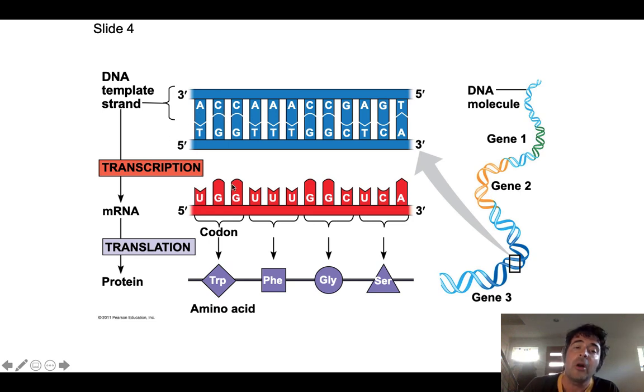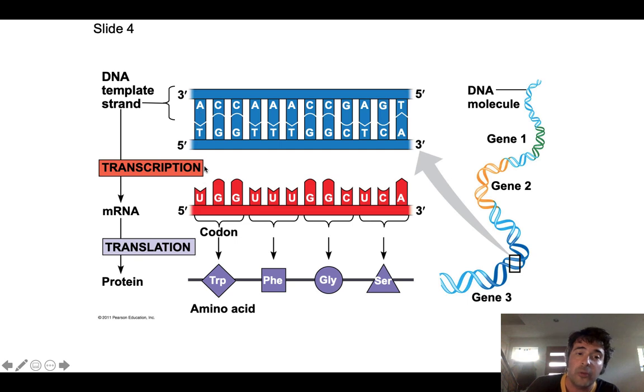But remember that RNA does not use thymine. It uses uracil, or U, instead. It's a single-stranded molecule. It's essentially there to make copies of DNA that can be taken out of the nucleus and used by ribosomes. And instead of using thymine, it uses uracil.